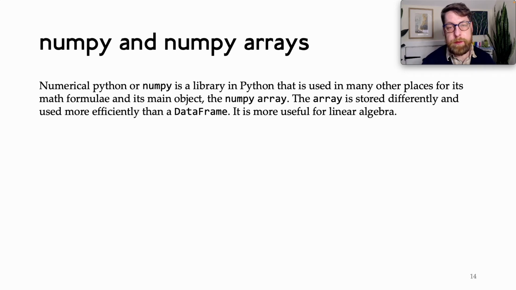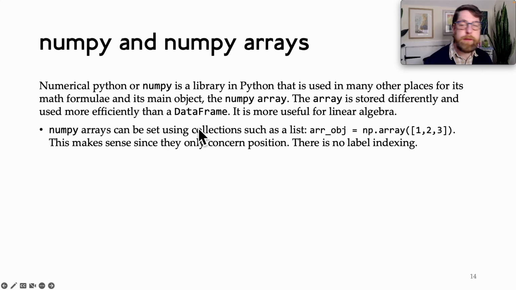You might say, well, why don't we use them all the time? Well, the way they're stored differently is that they're only stored by position. And so querying from a NumPy array is not a very pleasant experience. You may find it easy to get a column, but getting a row is really tricky. On the other hand, because they're really fast, they can be used very effectively for a lot of linear algebra calculations.